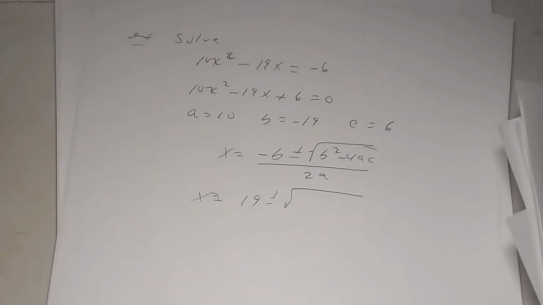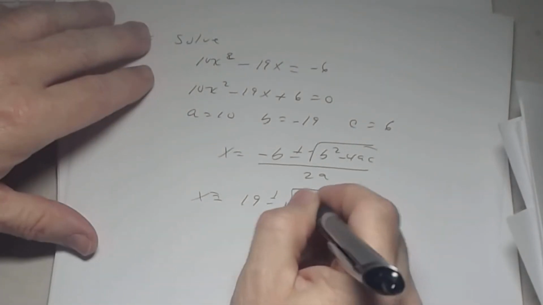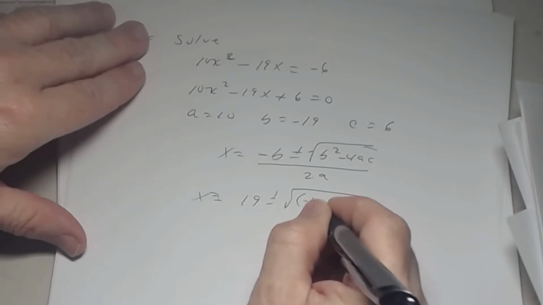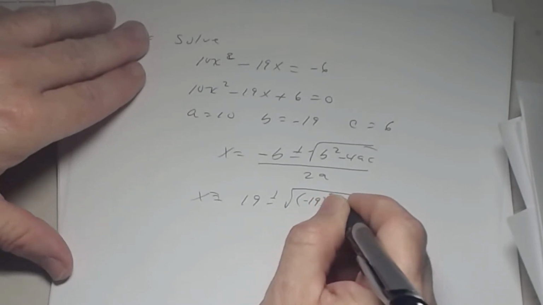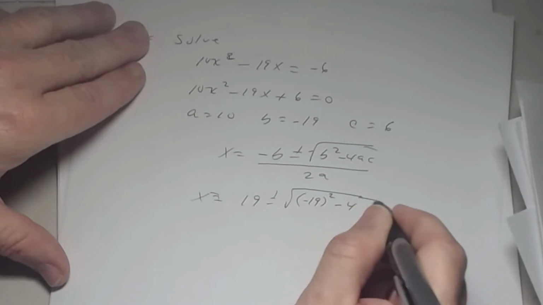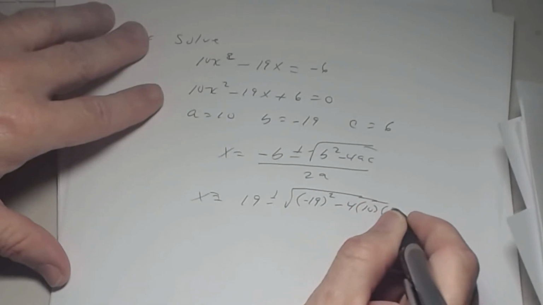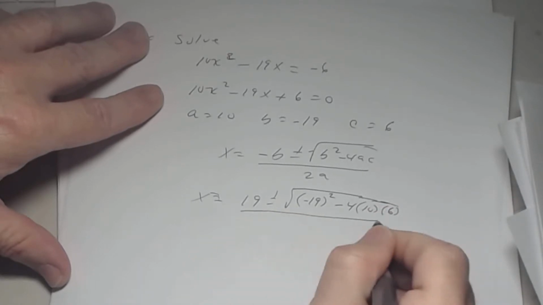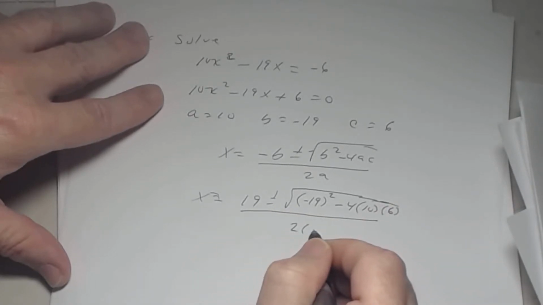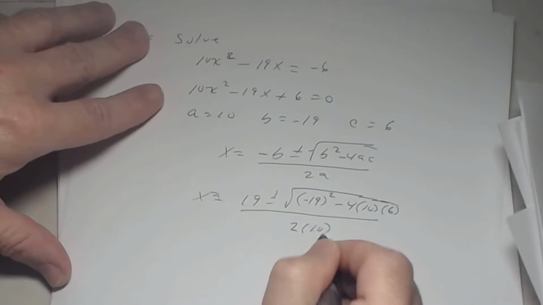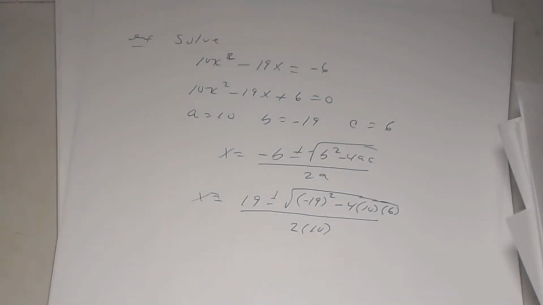Put all the numbers you're substituting in parentheses: (-19) squared minus 4 times (10) times (6), all over 2 times (10). You could just put it as 20; you don't have to say 2 times 10.